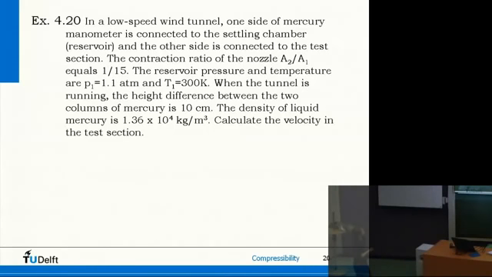The reservoir pressure and temperature are given, and the height difference of mercury is given, where one side was connected to the settling chamber and the other side to the test section. Density of the mercury is given. So the question: calculate the velocity in the test section.